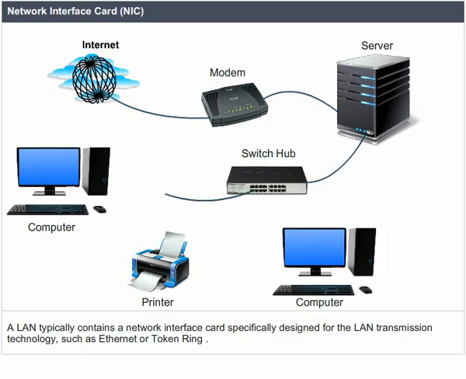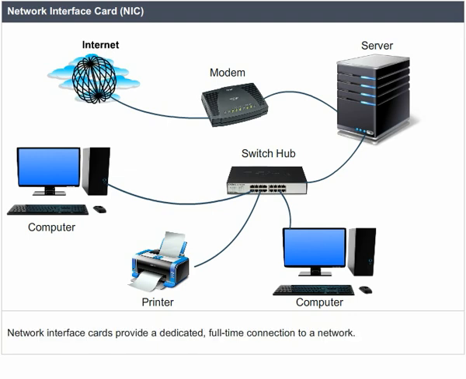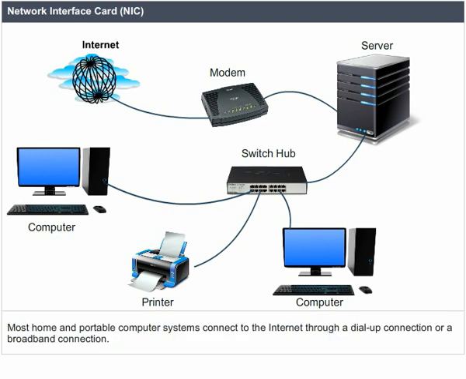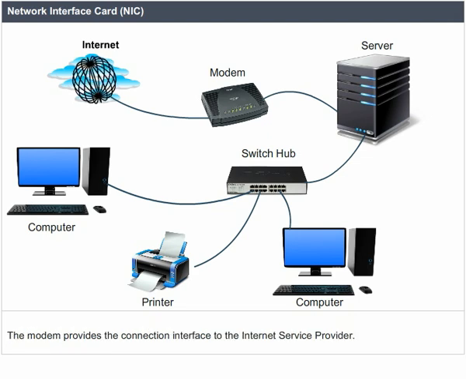A LAN typically contains a network interface card specifically designed for the LAN transmission technology such as Ethernet or token ring. Network interface cards provide a dedicated full-time connection to a network. Most home and portable computer systems connect to the Internet through a dial-up connection or a broadband connection. The modem provides the connection interface to the Internet service provider.